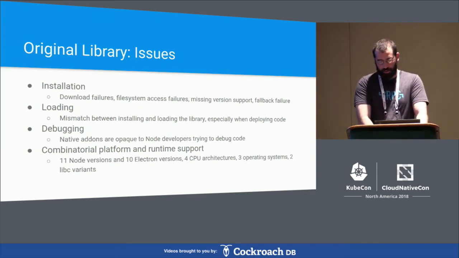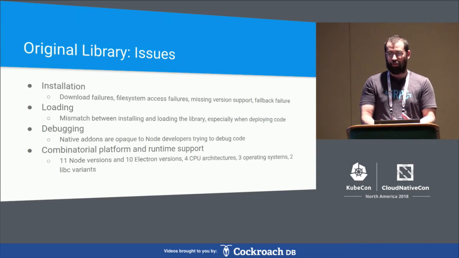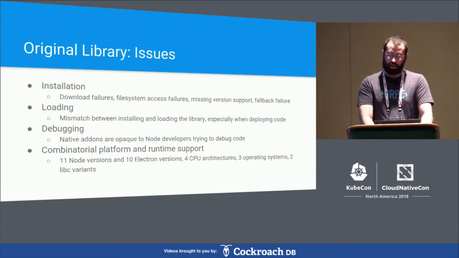Besides that, people also have trouble loading it even once they successfully installed the library. This particularly happens if you install on one system and then try to deploy your library to Docker or to some cloud environment, because the detected version at installation time doesn't match the needed version at runtime.